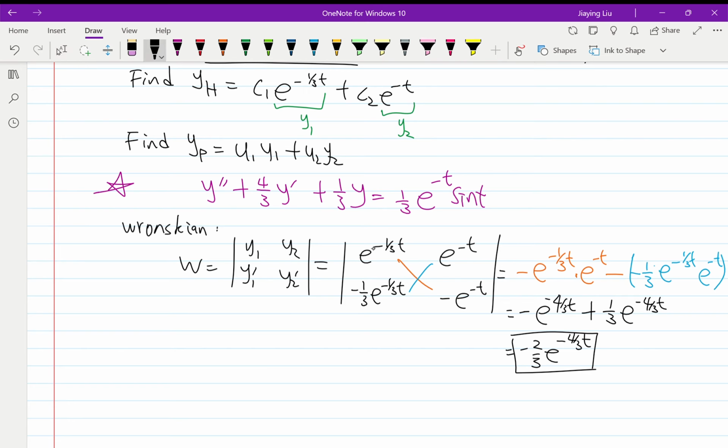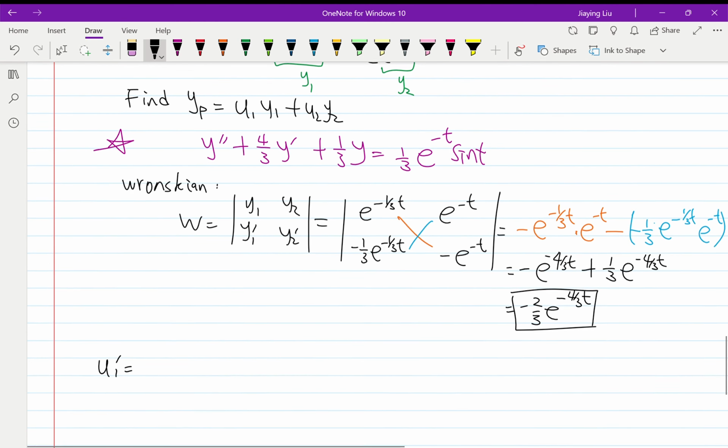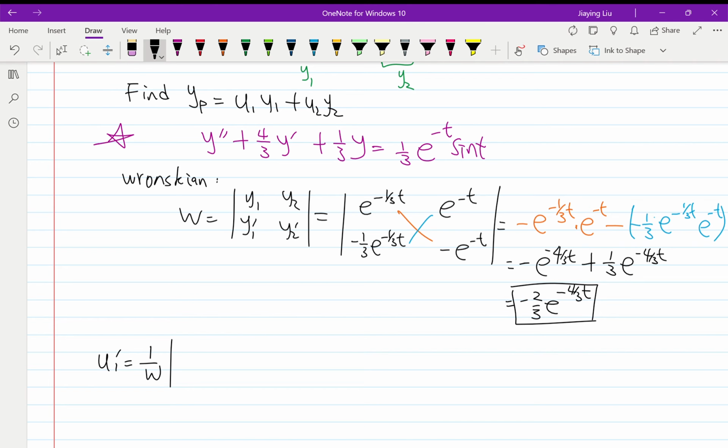And then we can find the u1 prime from here, which is 1 over W times this determinant. And then the matrix, if you remember, is going to be 0, f of x, y2 prime.